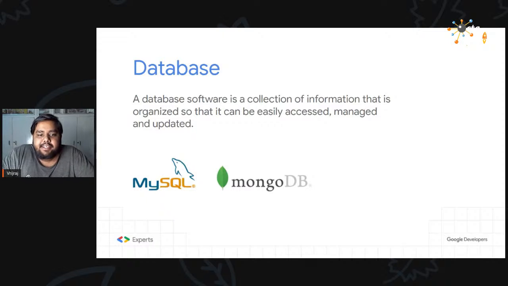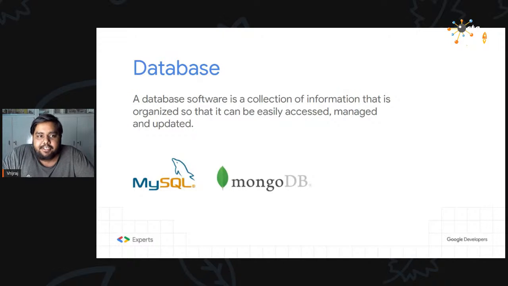In the market, we have two types of database, structured database and unstructured database. A structured database is also called a relational database, where we have a schema and structured data.